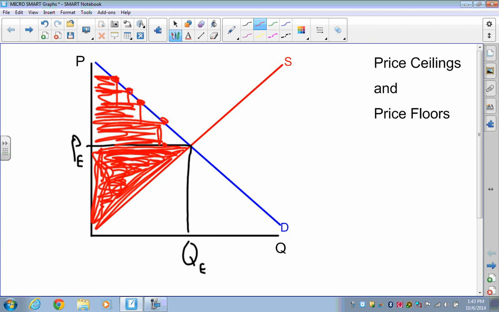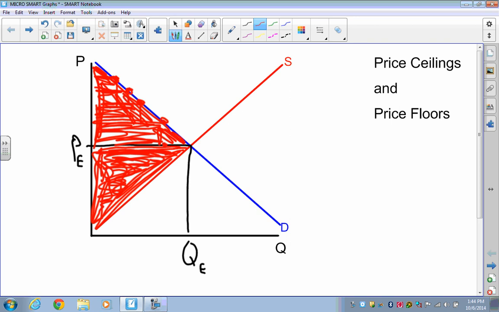What do we call it if I found a way to charge the exact highest price to every single person in the market, making my producer surplus look like this? That's called, it's not elasticity. Total consumer producer surplus. It's not called total. What kind of price discrimination would this be? This would be perfect price discrimination.